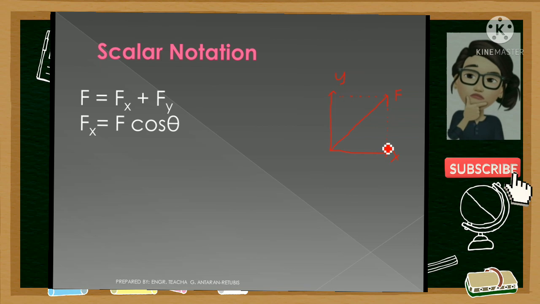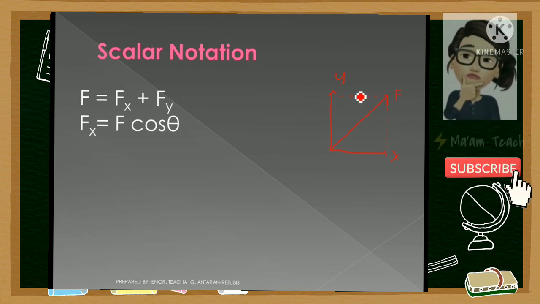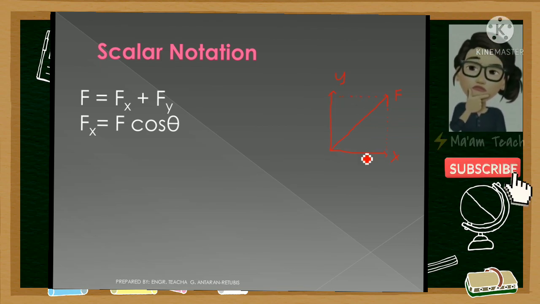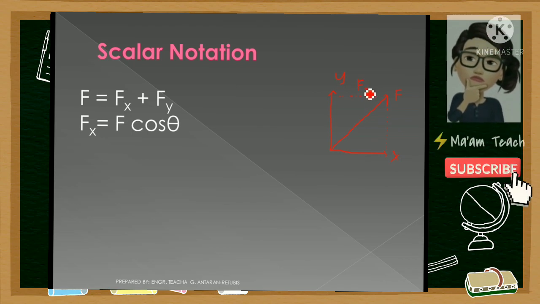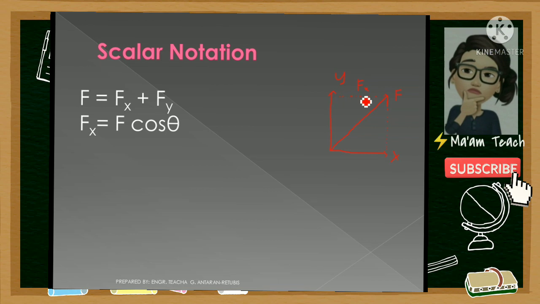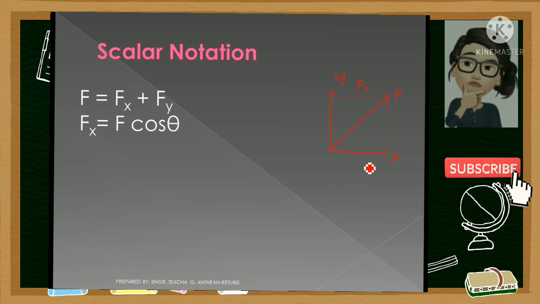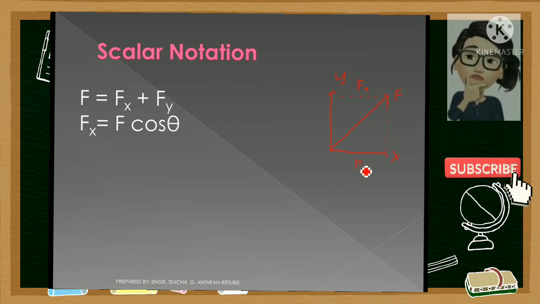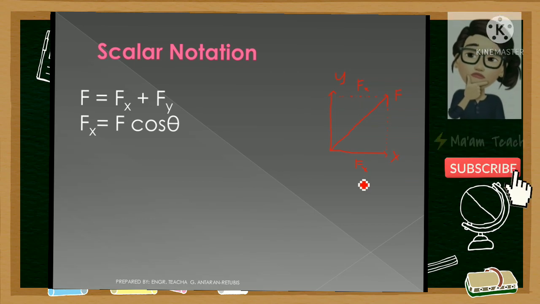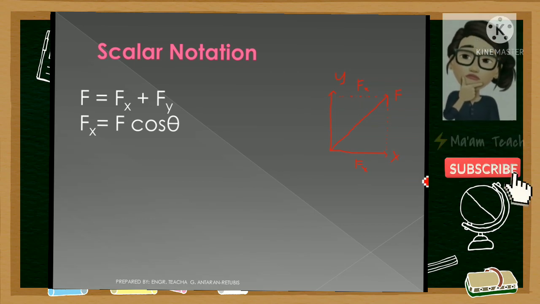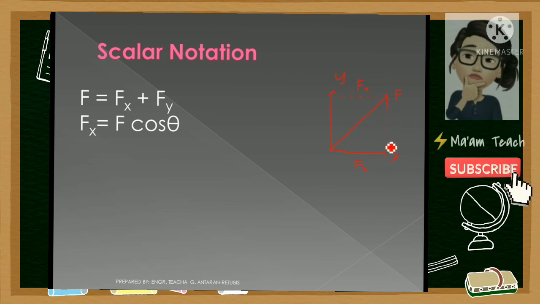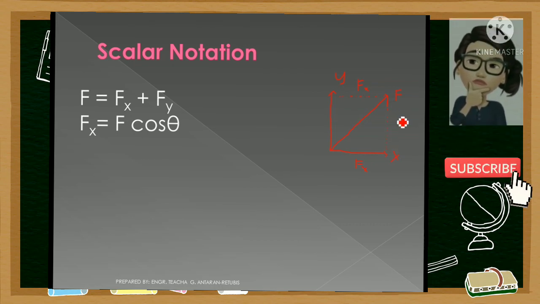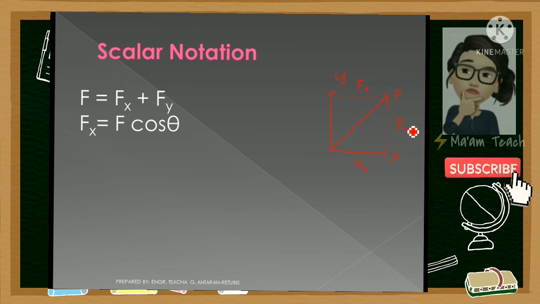So this, which is parallel to the x-axis, is what we call the F of x, or the x component. Since this part right here and the line here are parallel, this is also our F of x, while this line here, which is parallel to our y-axis, will be our F of y.